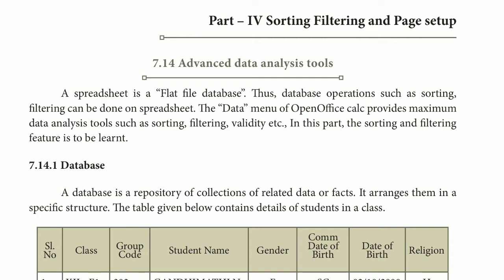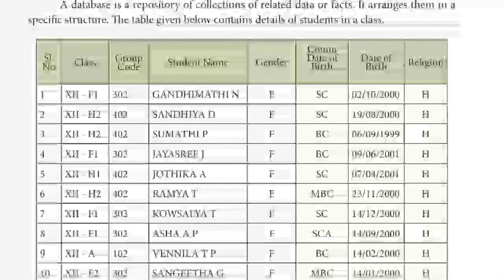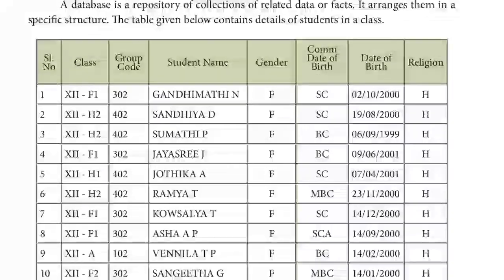The table given below contains details of students in a class. Here you can see that they have created a database. It is a structure that collects the details of students in a particular school, 12th standard.